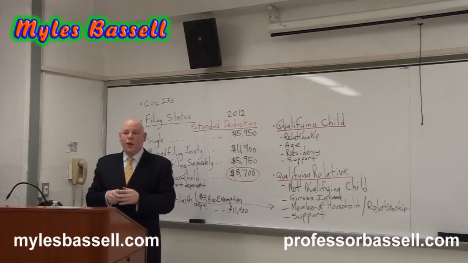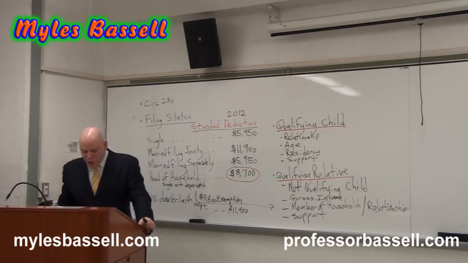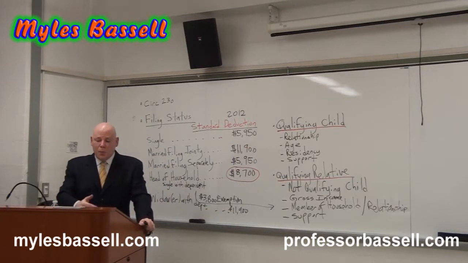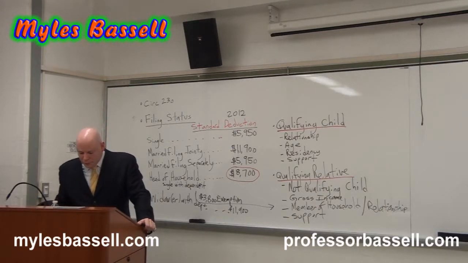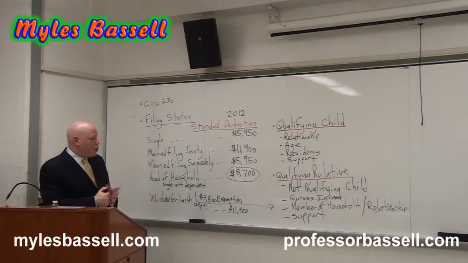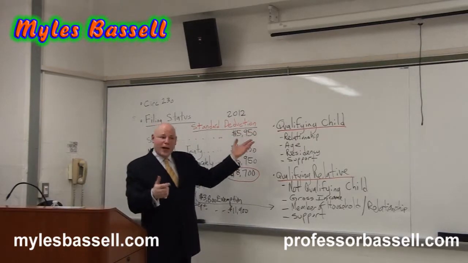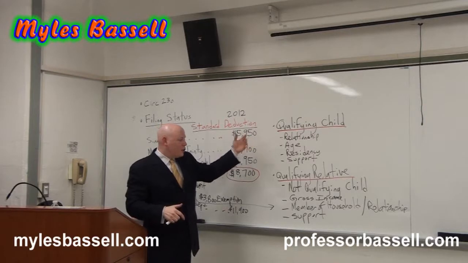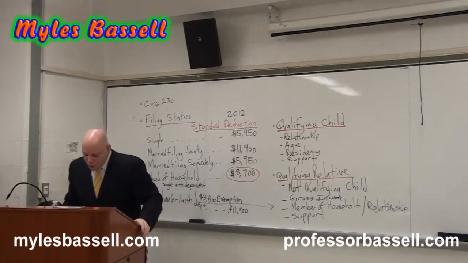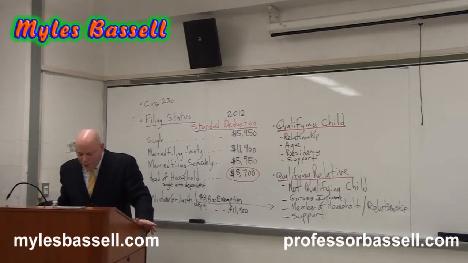So whatever the key expenses are, the property tax, the mortgage, etc., you would have needed to pay more than 50% of those household expenses. And the qualifying person, either a qualifying child or a qualifying relative, would have had to live in your home for more than half a year.